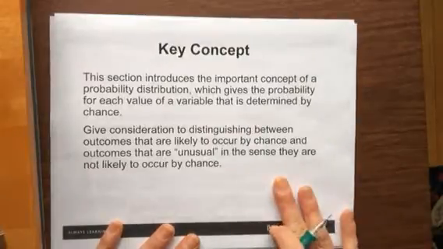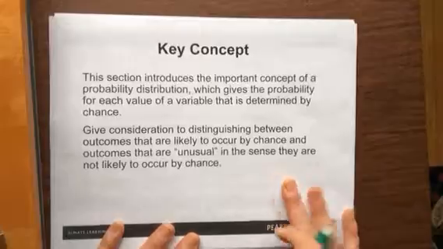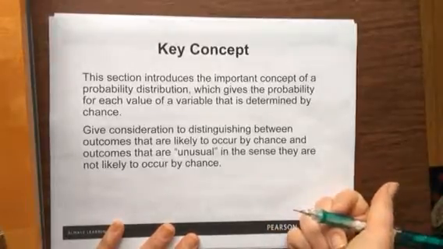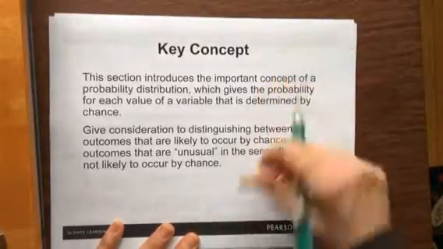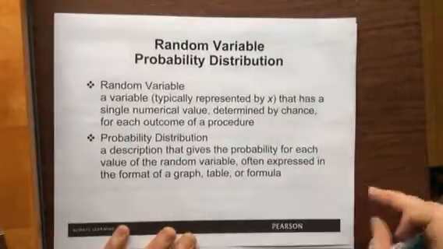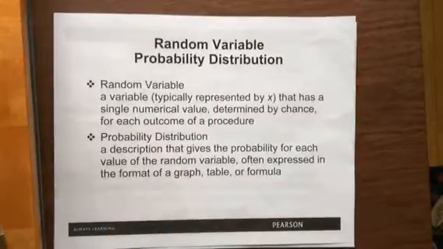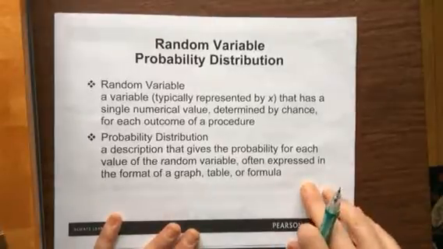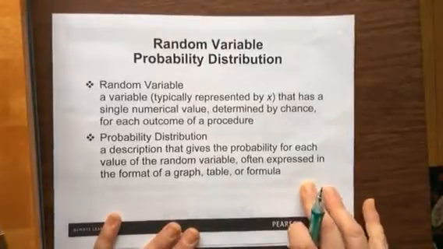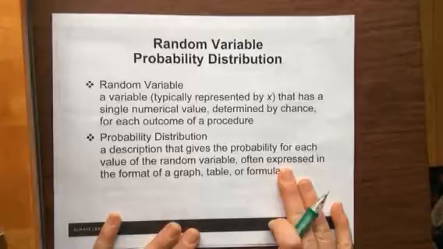An example of a probability distribution could be if you think about the outcomes from rolling a die. So let me just move to the next slide and then we'll write it there. We have a random variable, represented by x, and that has a single numerical value. So it can't be like favorite color, where we'd call it red, blue, green.